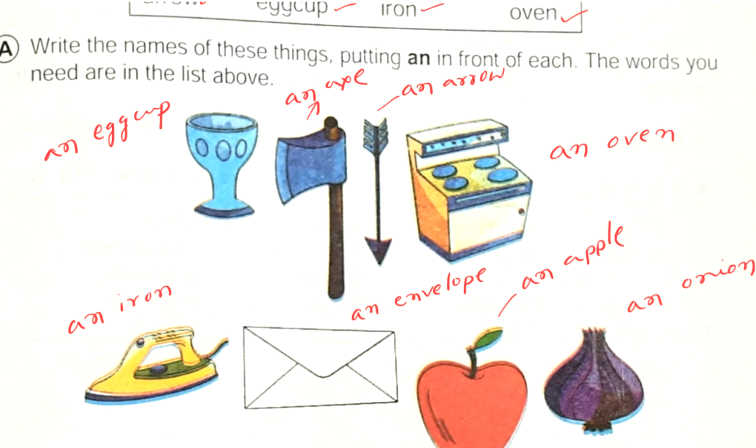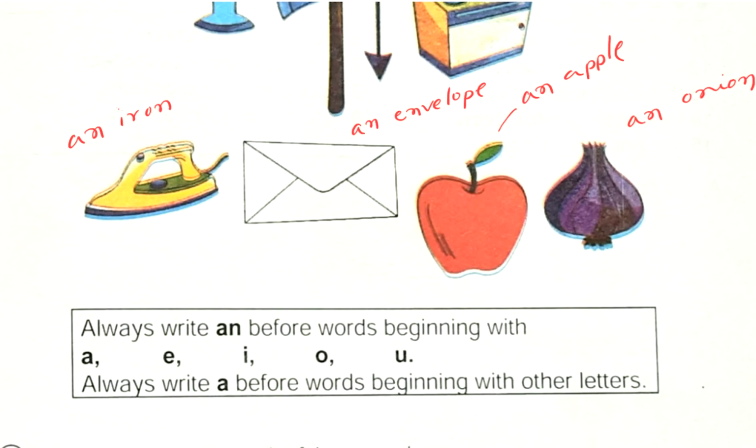We know A, E, I, O, U, these are called vowel. If you find a word has started with these letters, then before the word you should use an. Here it is written, see in your book it is written, always write an before words beginning with A, E, I, O, U. Always write a before words beginning with other letters which are called consonant. These are called vowels and rest of the letters are called consonants.